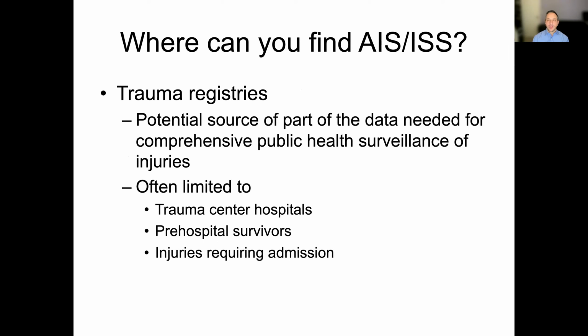And trauma registries can be found at trauma center hospitals, like Rhode Island Hospital has one overarching registry for all the patients who come to Rhode Island Hospital, and then also the patients who come to Hasbro Children's Hospital. But those trauma registries are often limited to pre-hospital survivors. So if you die at the scene from an injury, you're usually not going to be put into the trauma registry.